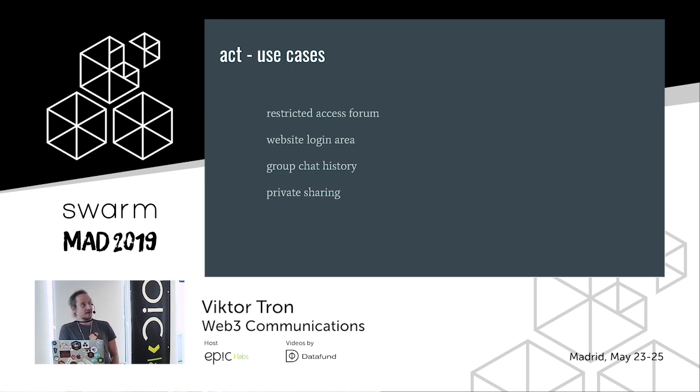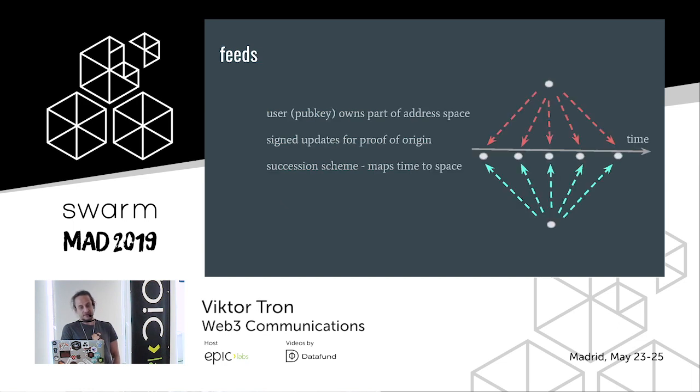So basically, you can create an ACT. ACT stands for access control trie. That doesn't matter. You can create an access control structure that controls who you want to grant access to read your content, which is basically private sharing.